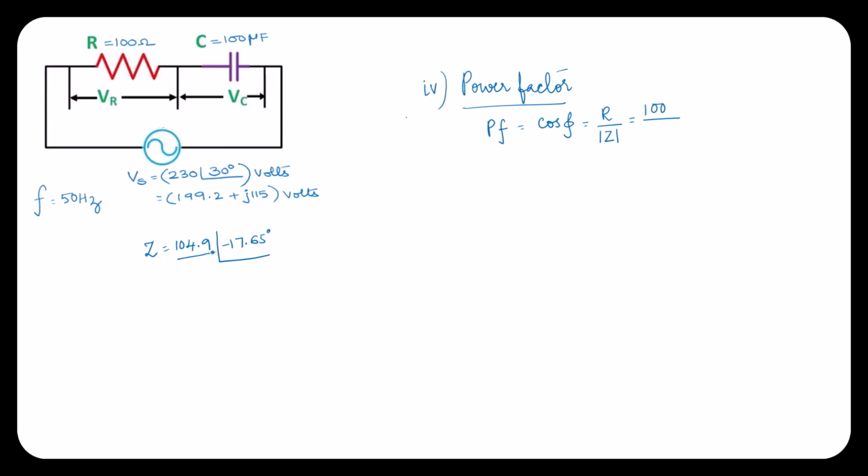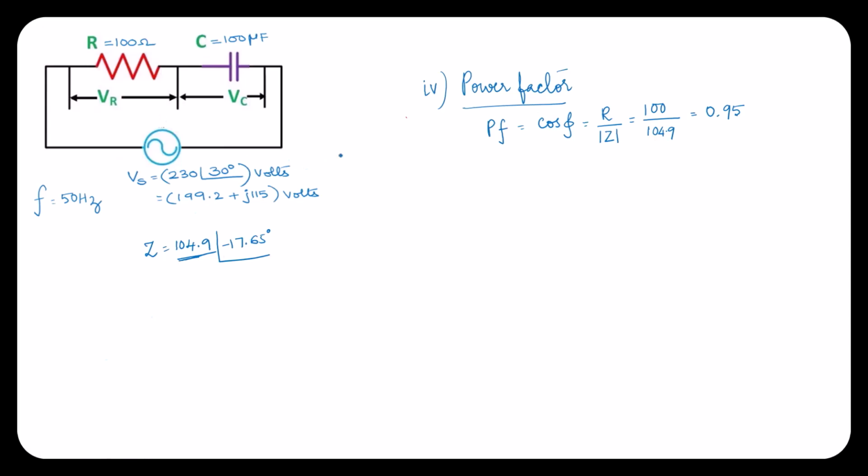So this is the magnitude of the impedance. Here I have to substitute 104.9, which gives me 0.95. So this is the power factor.